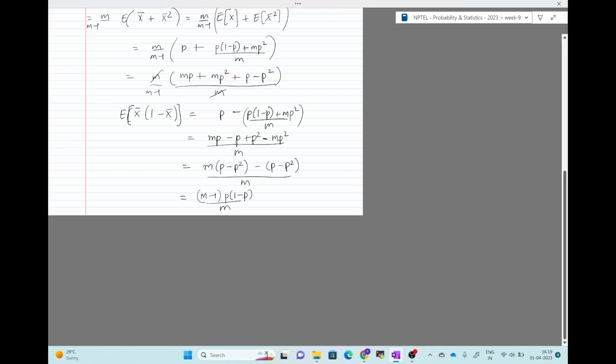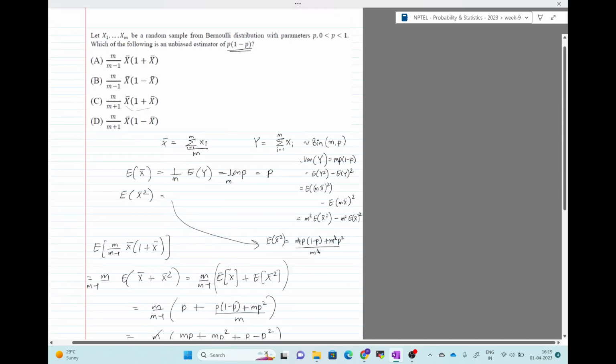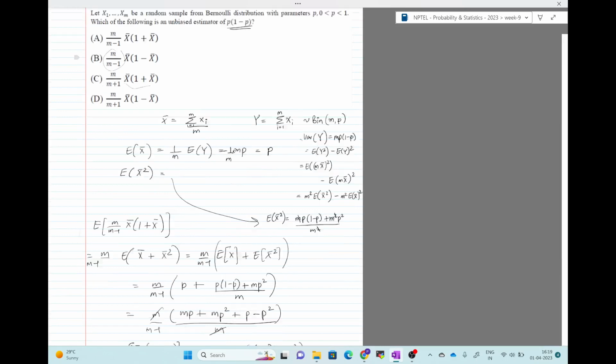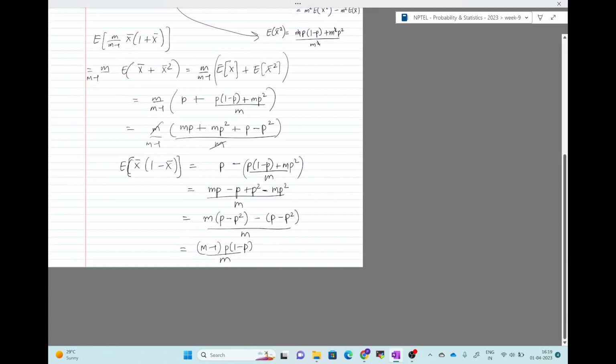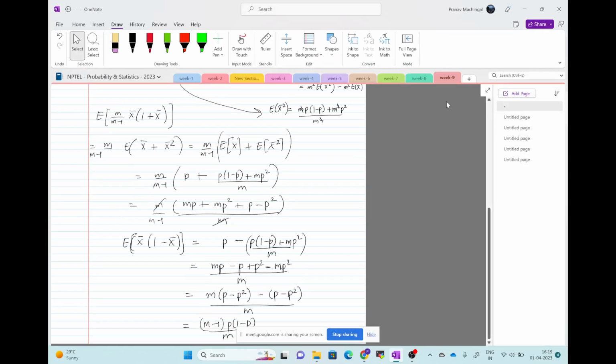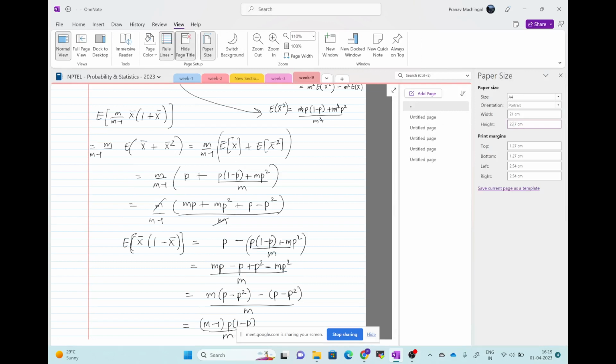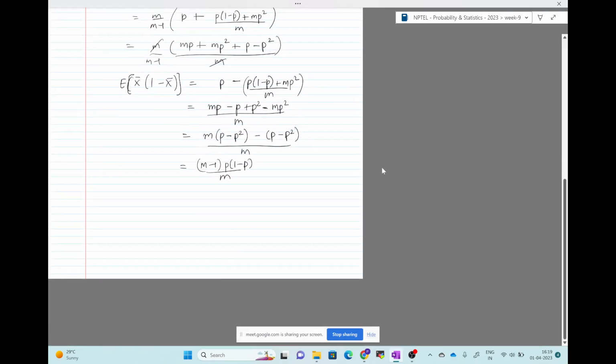So if this we multiplied by m into m, this term, m divided by m minus 1, and that is p into 1 minus p.